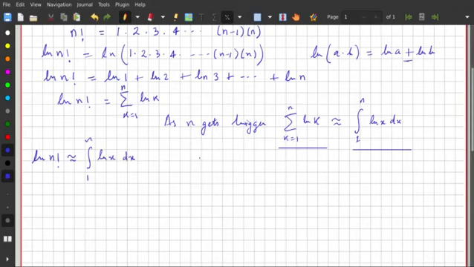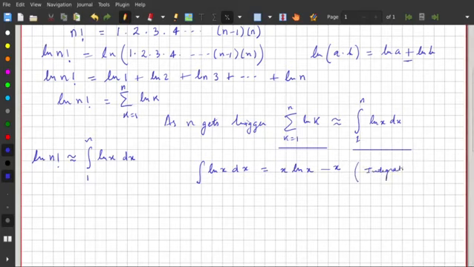Okay, and using the fact that the integral of log x dx is x log x minus x, and this comes from integration by parts. This is the indefinite integral. So if we use this here, it becomes log of n factorial is approximately equal to x log x minus x with limits from 1 to n.